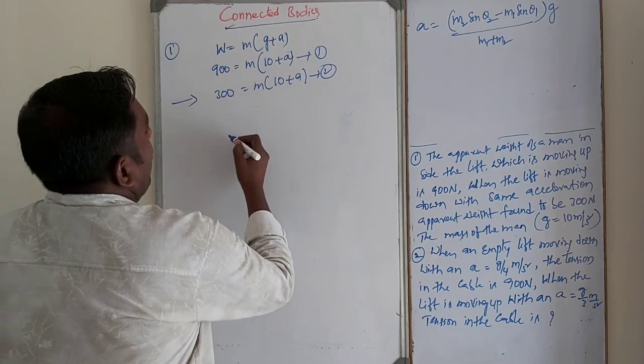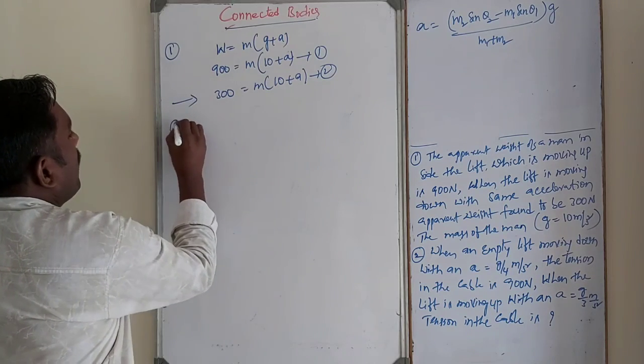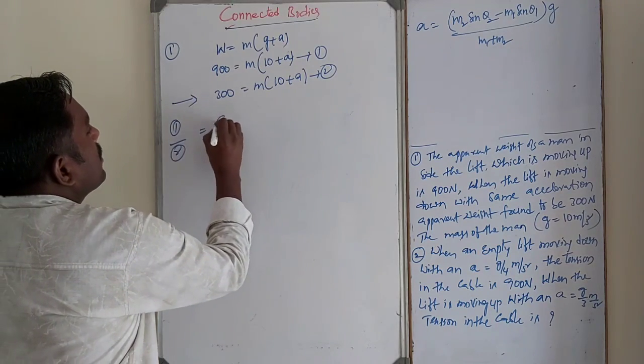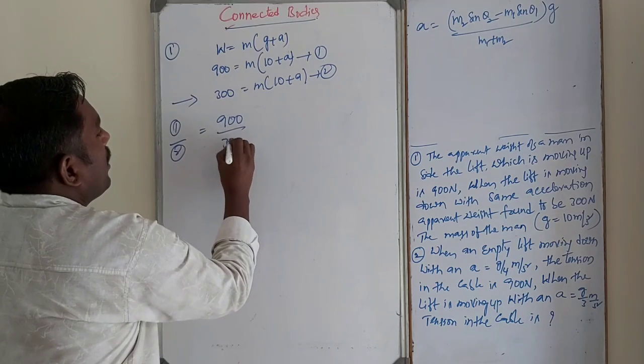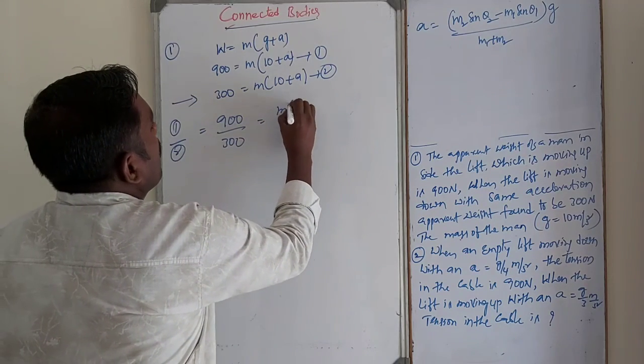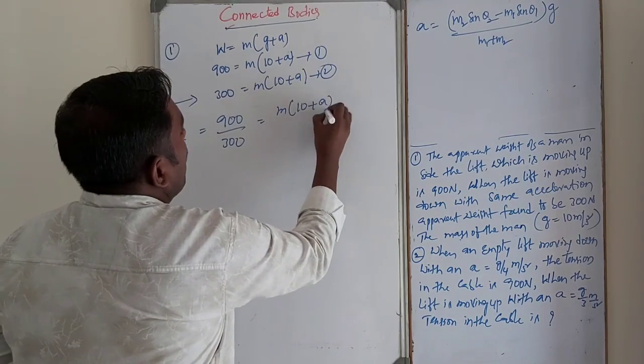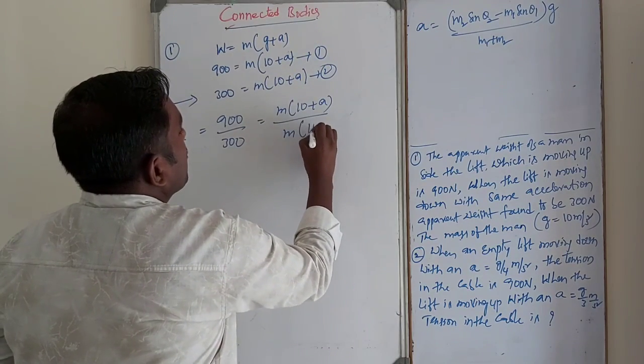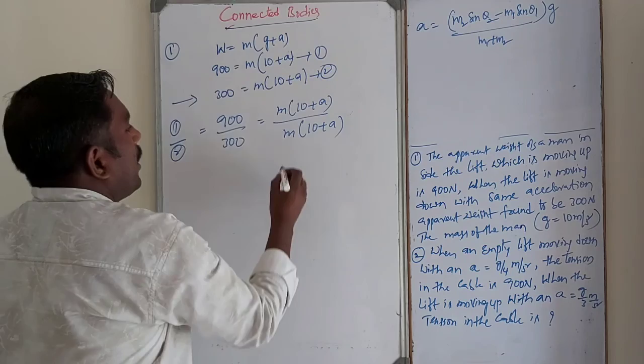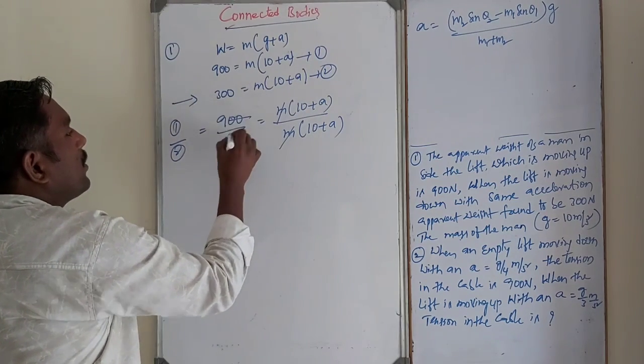So dividing equation 1 by 2, that is 900 by 300 is equal to m into (10 plus a) by m into (10 plus a). Okay, m gets cancelled out, 3 ones are 3.